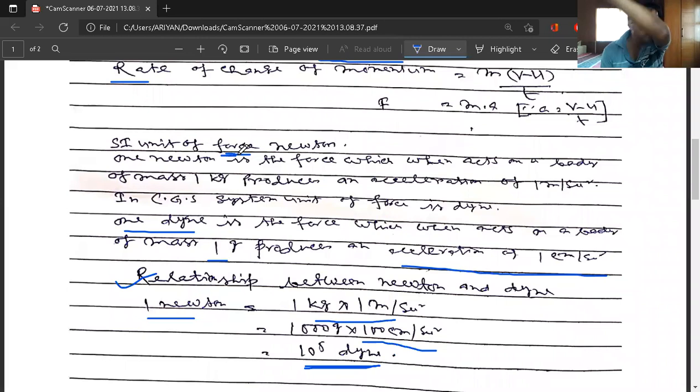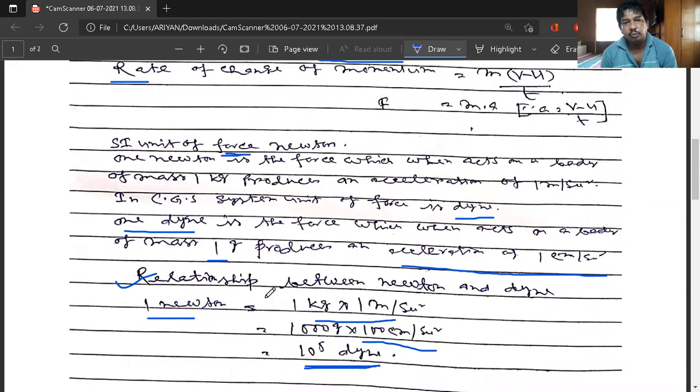Definition of Newton: 1 Newton is the force which, when it acts on a body of mass 1 kg, produces an acceleration of 1 meter per second square. In the CGS system, the unit of force is dyne. One dyne is the force which, when it acts on a body of mass 1 gram, produces an acceleration of 1 centimeter per second square.